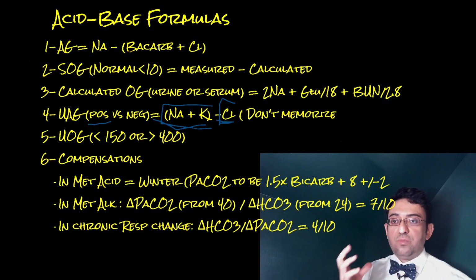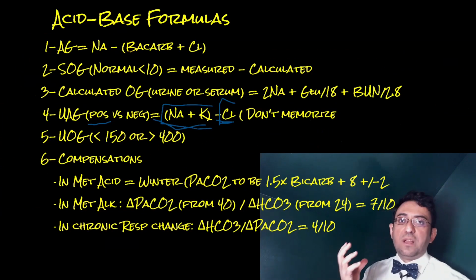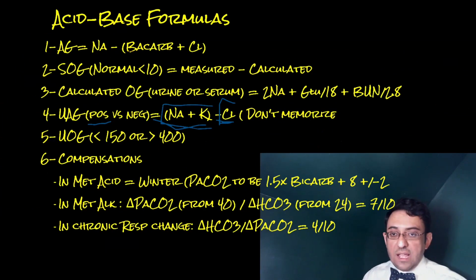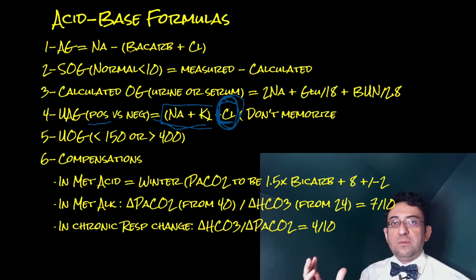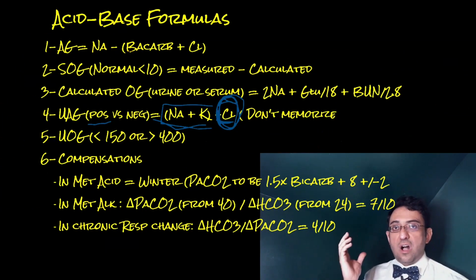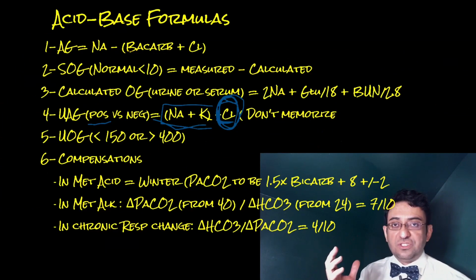In other words, we have enough NH4+ in the urine. Or you can just simply look at the chloride, and every time you see chloride, think you are looking at NH4+. Because we have enough NH4+ in the urine, the urinary buffering system is working. That means the aldosterone-distal nephron system is working.